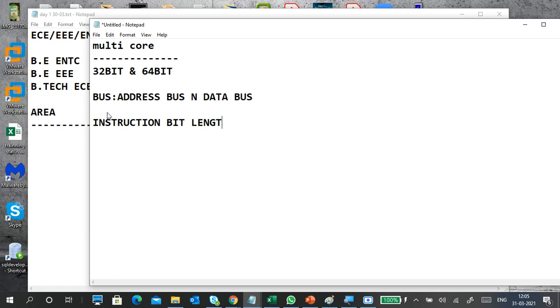In a 32-bit processor, we have 32-bit instructions. In a 64-bit processor, we have 64-bit instructions. The CPU itself has certain instructions, and the CPU itself has an instruction set.